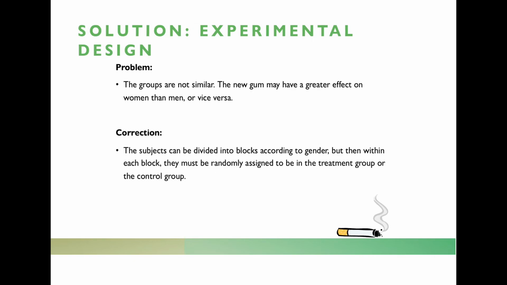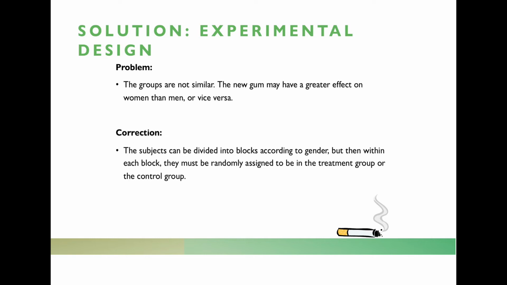So the problem here is we divided the groups by gender, and so that could be problematic. We don't know what the effect of gender would be on this chewing gum. It's possible that maybe it has a greater effect on women than men.